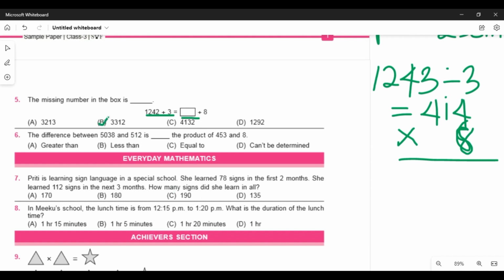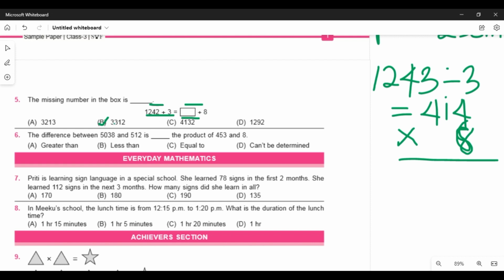So why do we have to multiply that? Because the value you get here is equal to, as they said, the value you get here. So if I get 414 here, and you are asked to also divide what you get here by 8 to get the same 414, that means 414 multiplied by 8 will still give us the value of the missing number here.